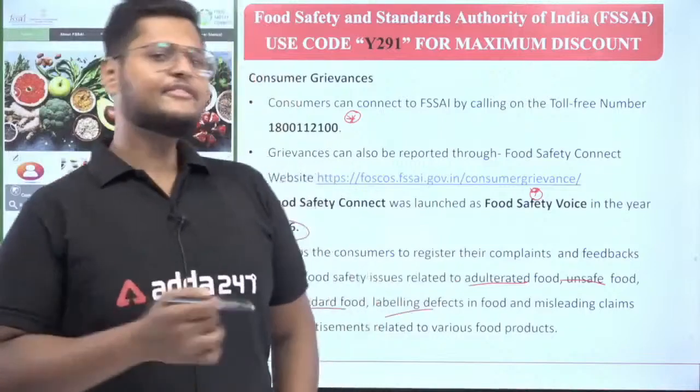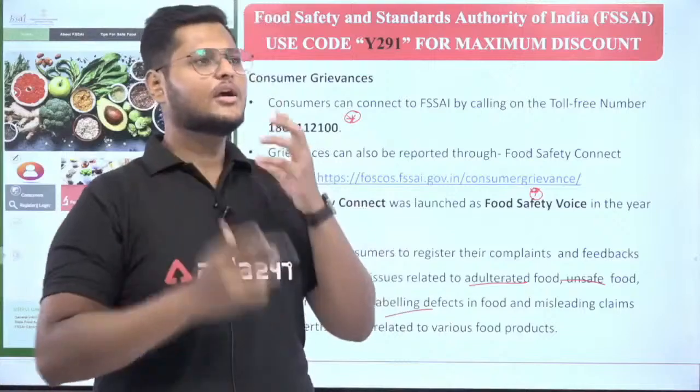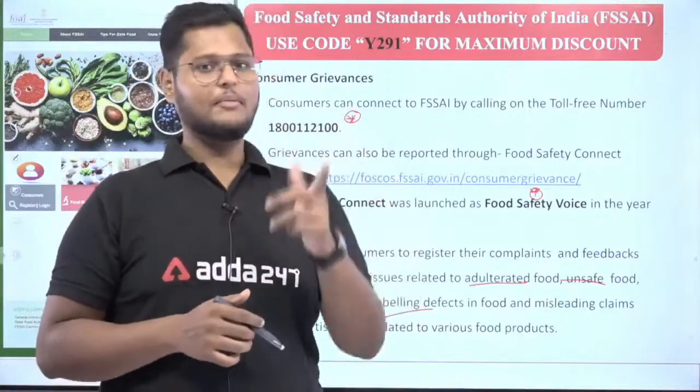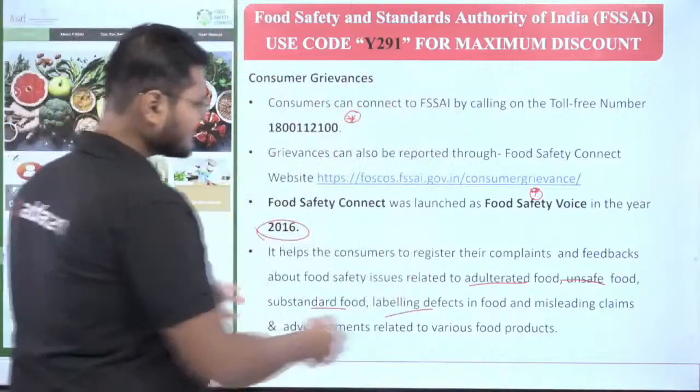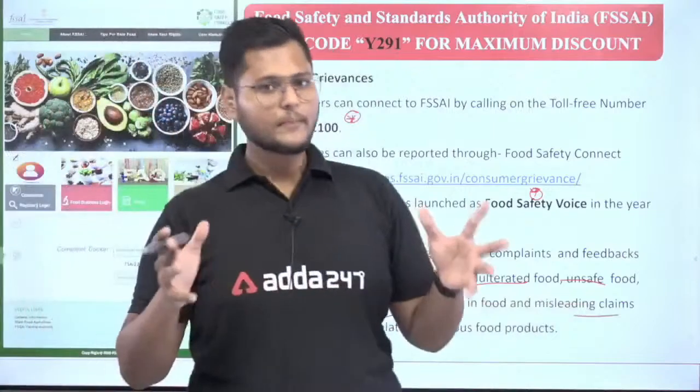If there is any defect, or the label is not right, or misleading information has been provided, then you can also raise a complaint through this website. And also misleading claims and advertisements related to different food products.